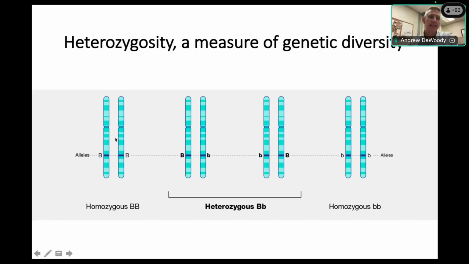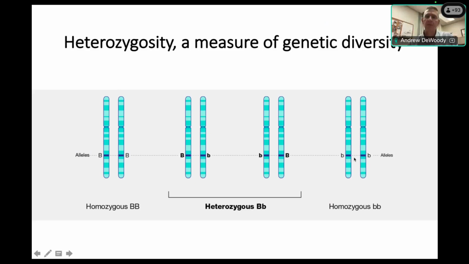And heterozygosity is this idea that sometimes we get the same allele or the same variant from mom and from dad. So in this case, this individual at this chromosome got a big B from mom and a big B from dad. This other individual got the same two from mom and dad, but they're both little b alleles.